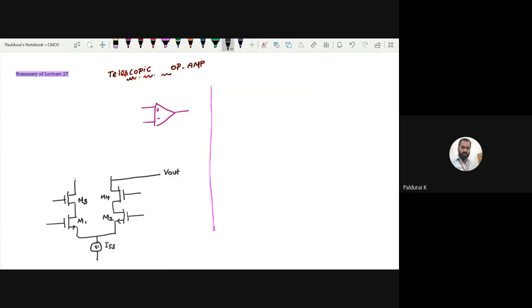And coming to the load side, since it is single-ended, you want to connect a PMOS current mirror, and one more PMOS current mirror cascode for this active load. All are PMOS.